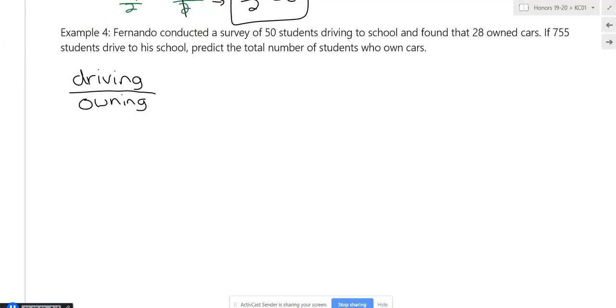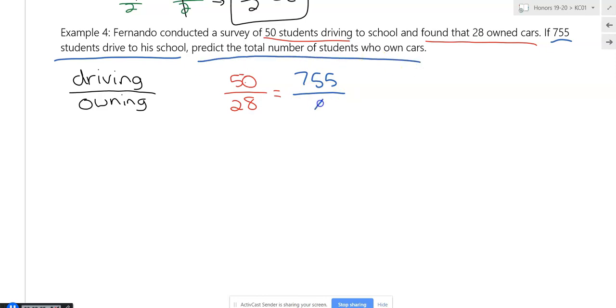So, in the first sentence, Fernando conducted a survey of 50 students driving. That's 50 that are driving. 28 owned. All right, so I put driving over owned. Now it says 755 students drive to school. So again, driving is on top.